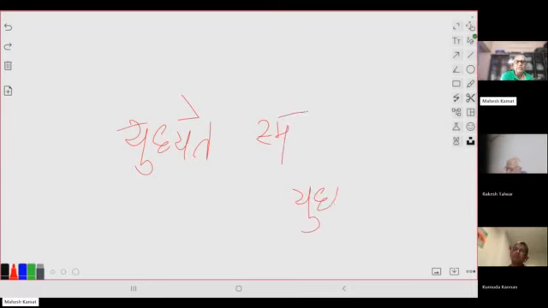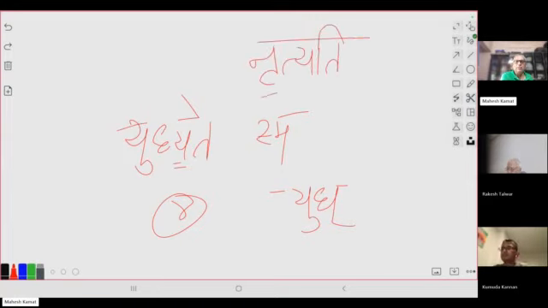The yudh dhatu is an Atmanepadi dhatu from the fourth gana, so you get yudhyate. Like nrityati, the divadigana dhatu nrit becomes nrityati, so yudh becomes yudhyate. Good.